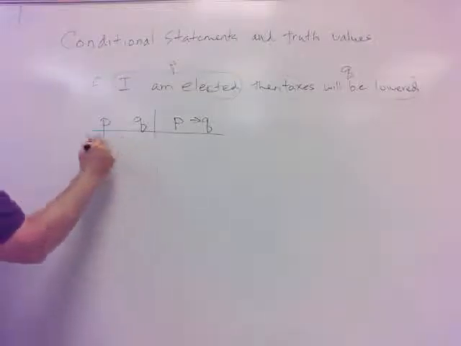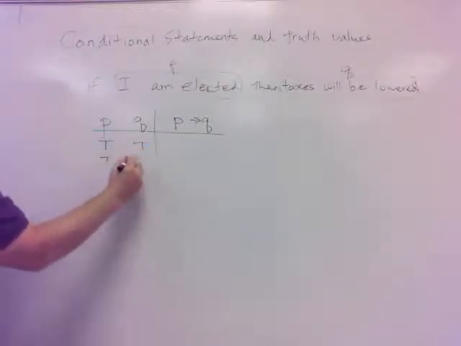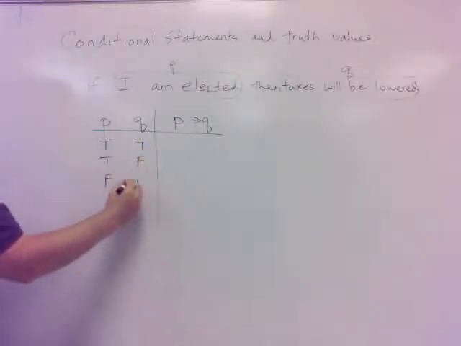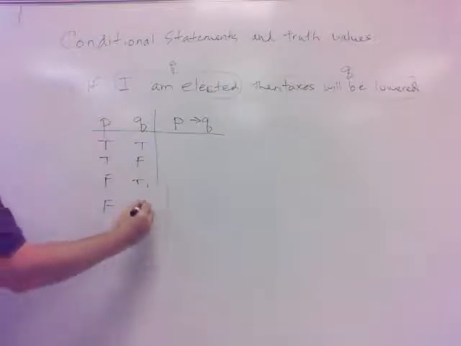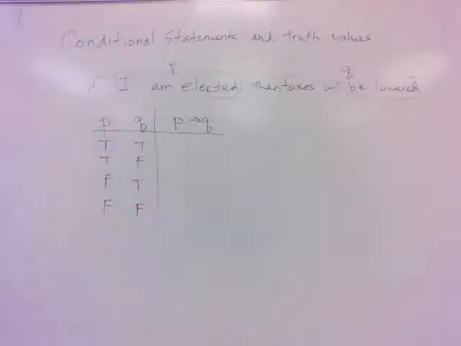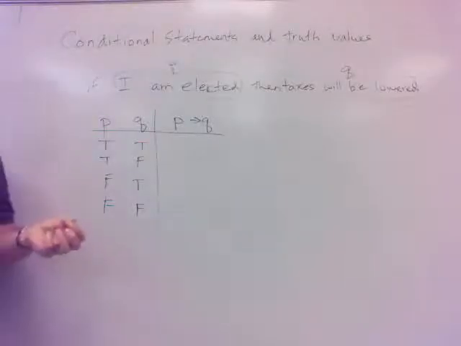P's and Q's, we could have true, true, true, false, false, true, false, false. Go line by line here. And the way we'll approach it, of course, is we'll figure out whether or not we can say the politician lied. And if we figure out the politician did not lie, we'll give him the benefit of the doubt and say he told the truth, okay, or she.